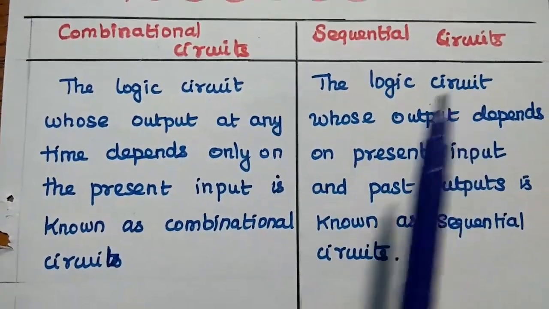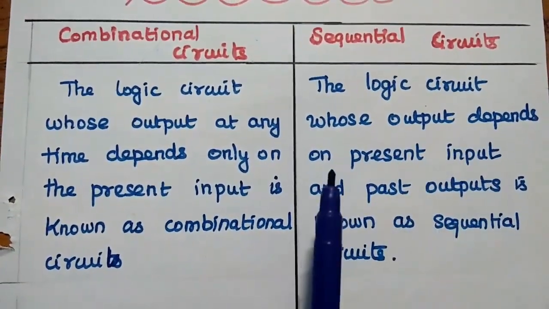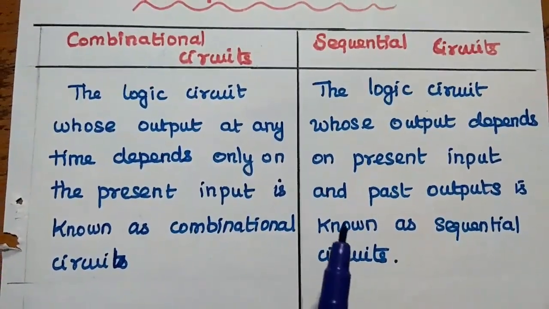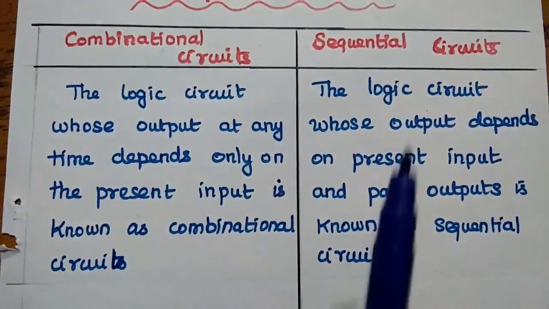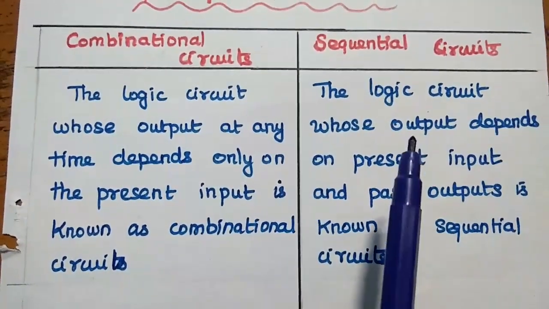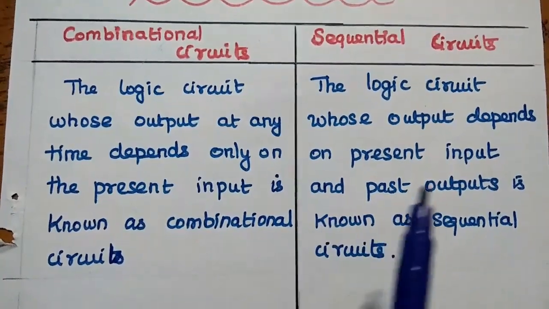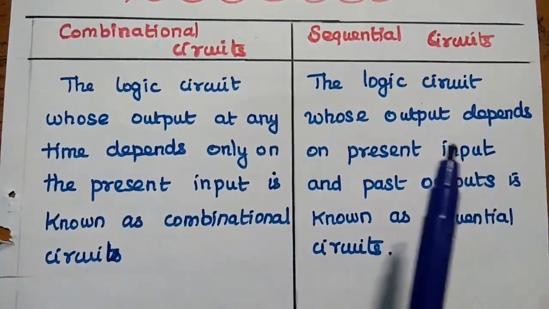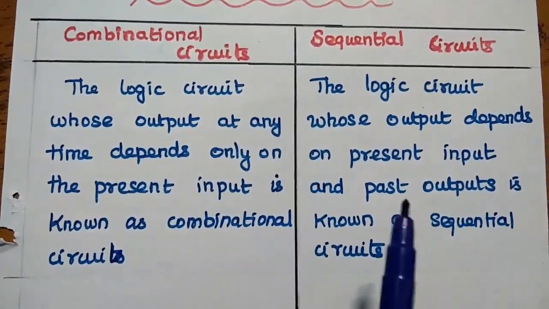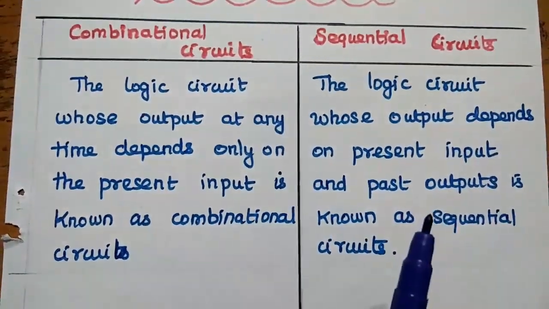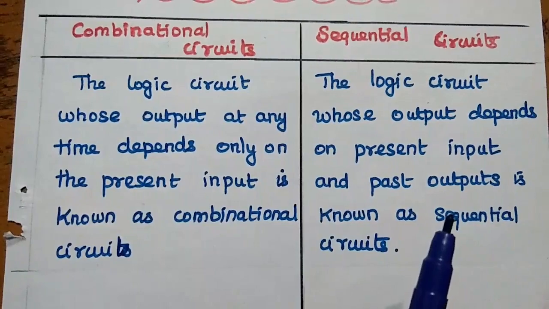The logic circuit whose output depends on present input and past outputs is known as sequential circuits. So in sequential circuits, the output depends on present input as well as past output. So in order to store the past outputs, the sequential circuits need memory elements.